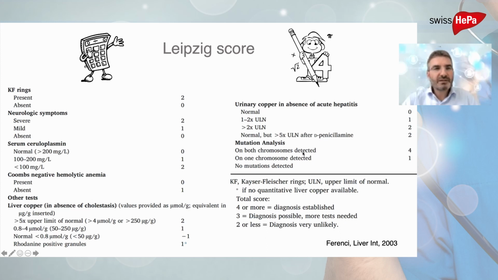But remember that, as I was mentioning before, there are more than 700 mutations, so it's quite complicated. But according to this score, you can speak about an established diagnosis if we have 4 points or more, a possible diagnosis when you have 3 points, or a very unlikely diagnosis if you have 2 points or less.